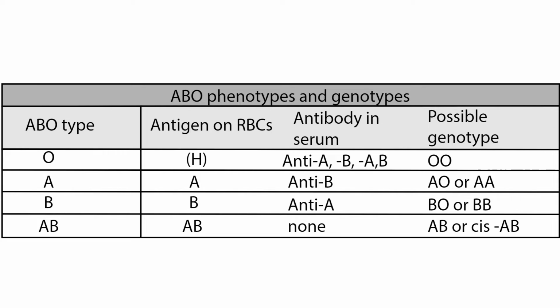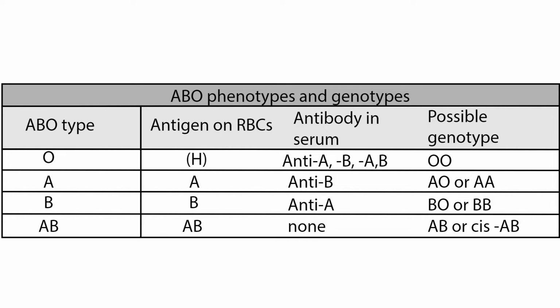Since ABO antibodies are naturally occurring, our bodies produce antibodies for antigens that we do not have. That means a person with O blood type will naturally produce anti-A, anti-B, and anti-A,B.